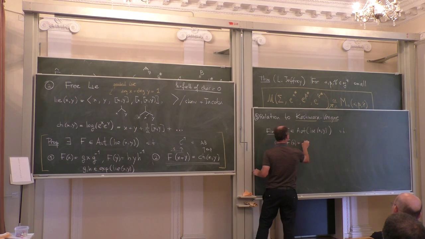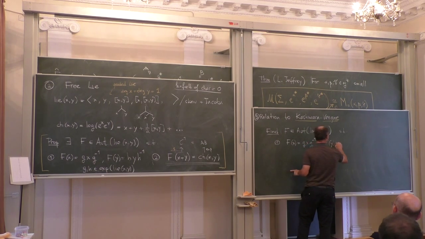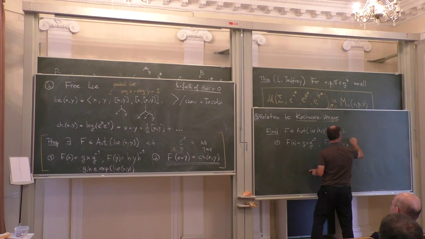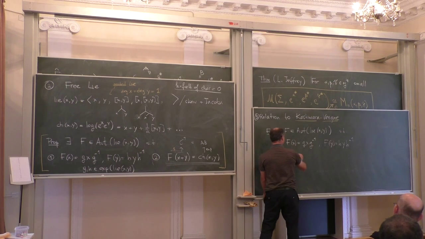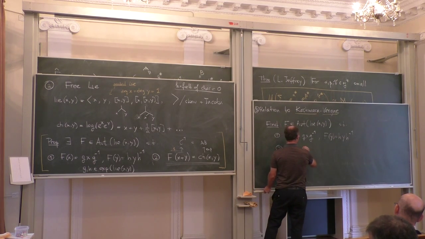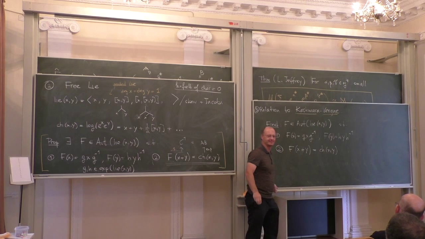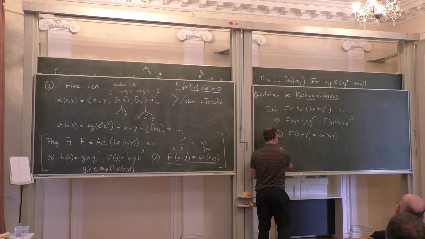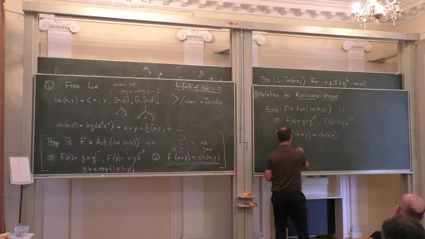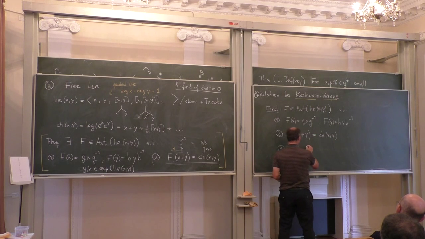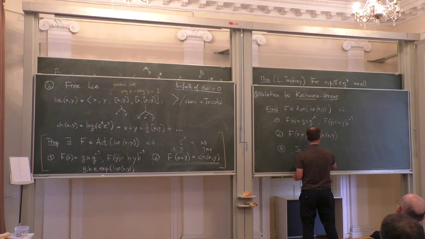F of x is equal to g x g minus 1, f of y is equal to h y h minus 1, f of x plus y is equal to the Campbell-Hausdorff of x, y. And then they want one more property. Let me write it, and then let's discuss it a little bit.